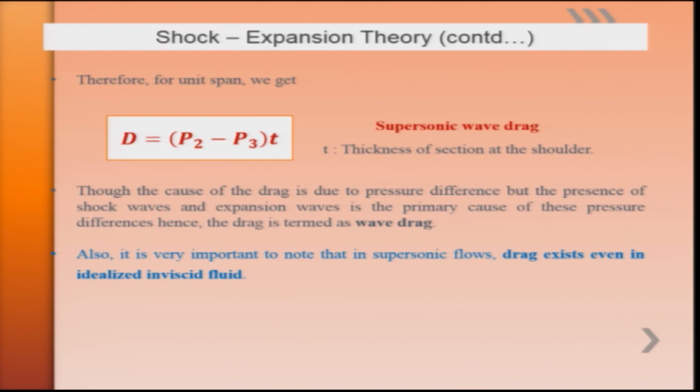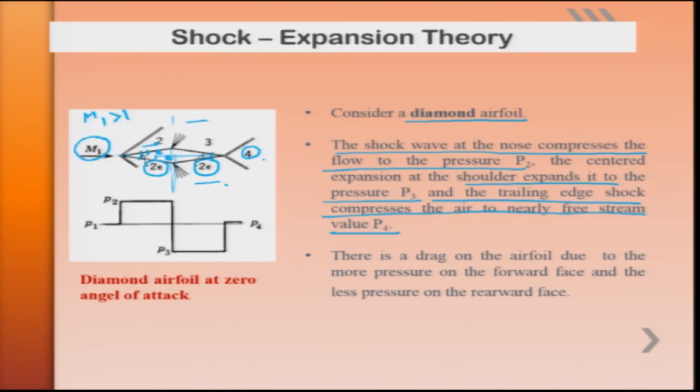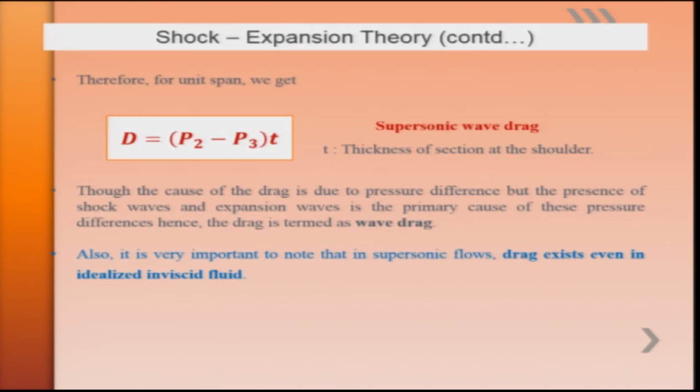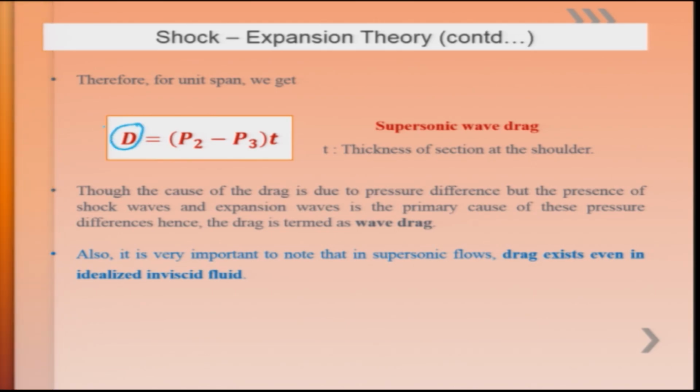Now, since this airfoil is kept at 0 degree incidence angle, that is, alpha is 0 here, we can write down the drag per unit span, that is, per unit of the perpendicular dimension of this airfoil.